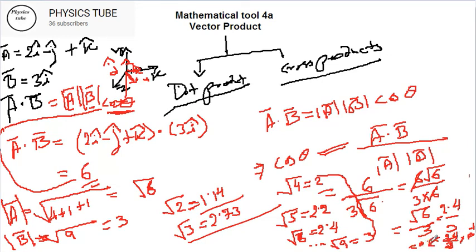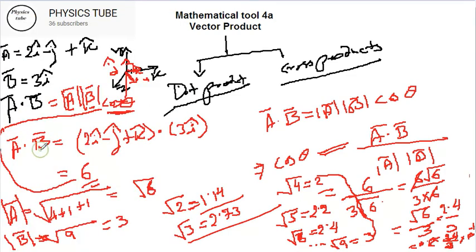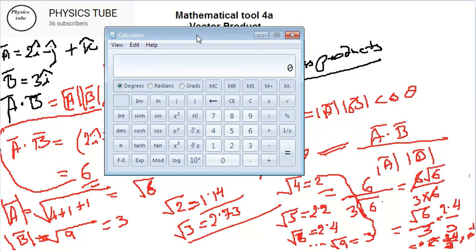So let me calculate in front of you with a calculator, and you can see the difference from how I calculate. Here I just calculated the square root of 6, and it's coming to be 2.44.